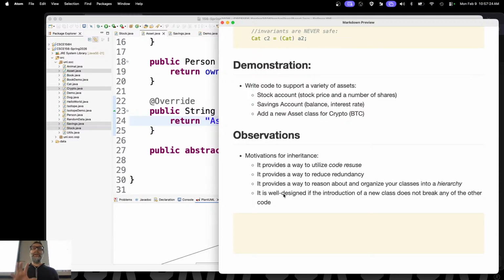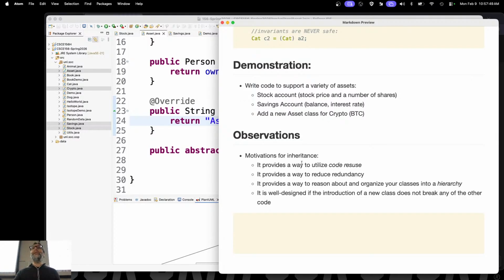Just as you would take a piece of code and put it into a function so that you can reuse that function, or you would take a piece of code and put it into a loop because you wanted to repeat that functionality, we're doing it on the class scale now. I've got functionality that's repeated in all of my asset classes. Well, that's fine. Create a superclass and promote all that common functionality up above so that you don't have to repeat yourself.